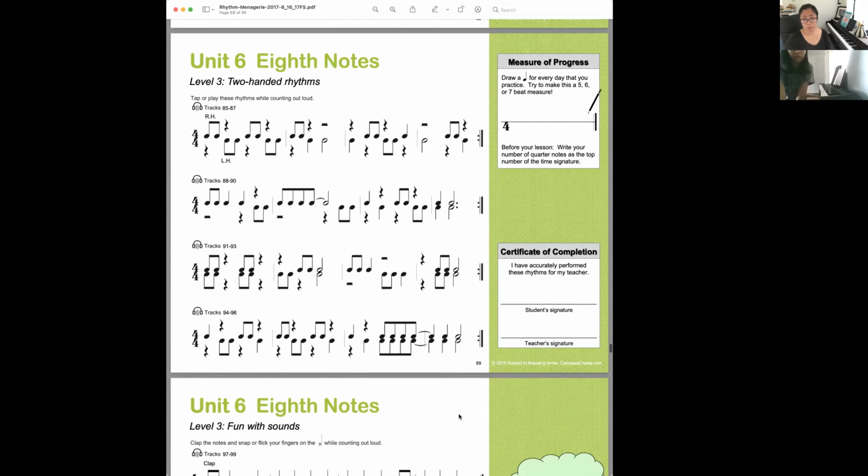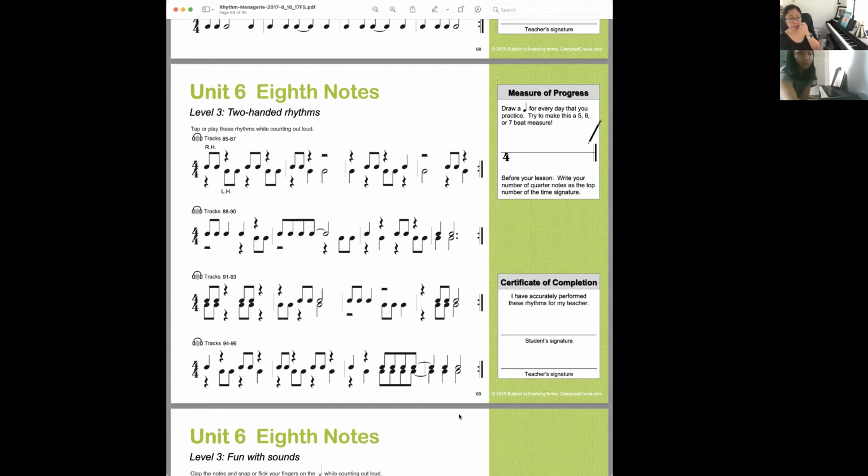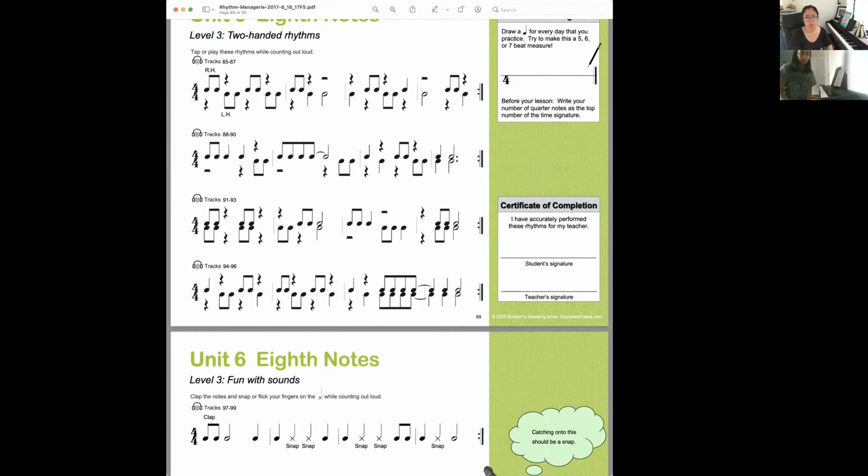So let's do this one. So this is two-handed, right hand, left hand. Can you do it on 90, please? Number two, line number two.